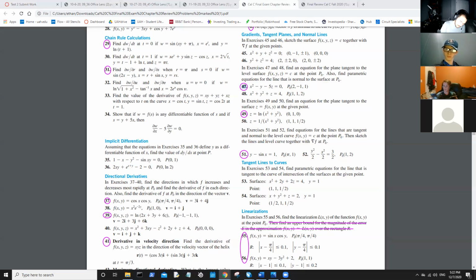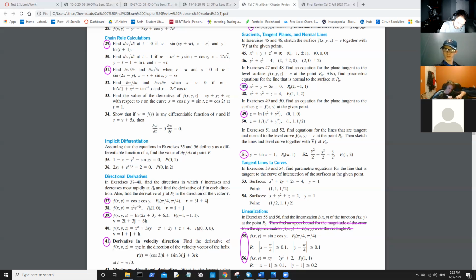Yeah, you're right, -5. So it's 4, -1, -5, because of 2x. Did you get 4, -1, -5 when evaluated at the point? Yes. So I was just wrong on my last sign because I messed up.